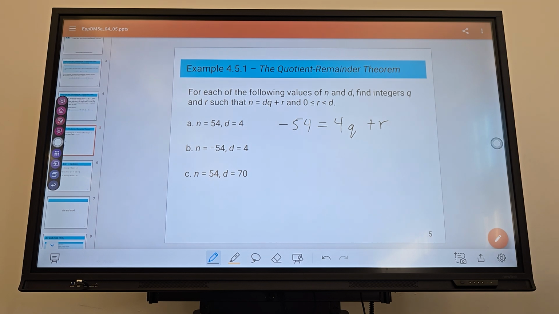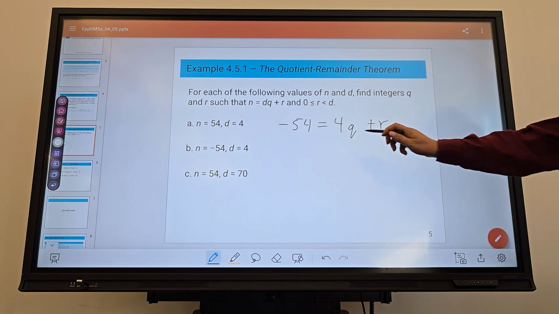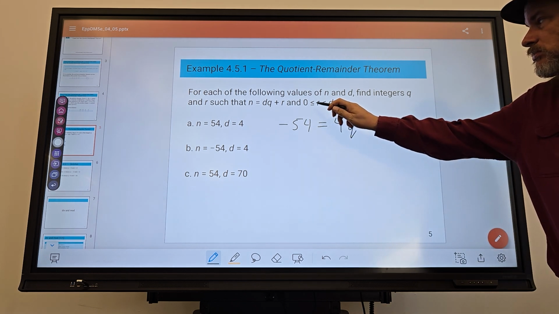q has to be a negative number, and 4q has to be less than or equal to negative 54. But then r would be greater than d, greater than 4. r can't be greater than 4. See?